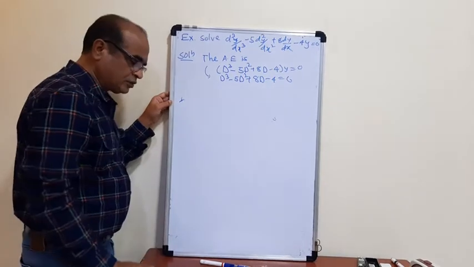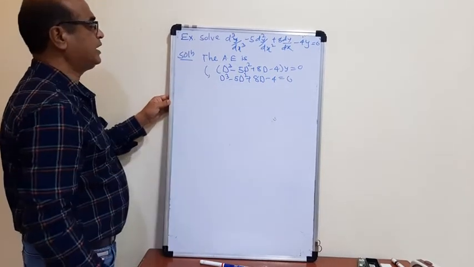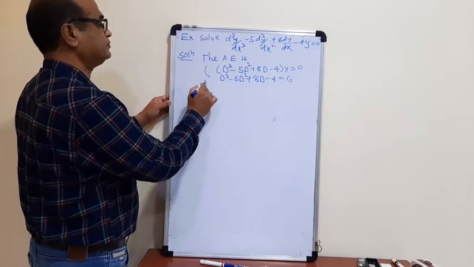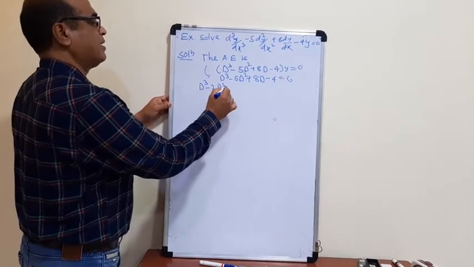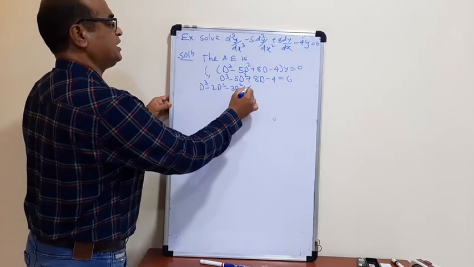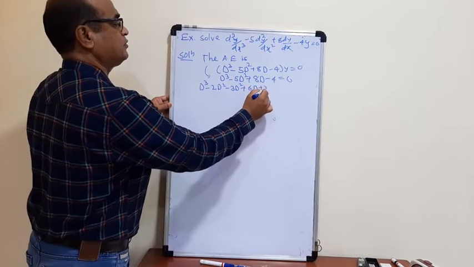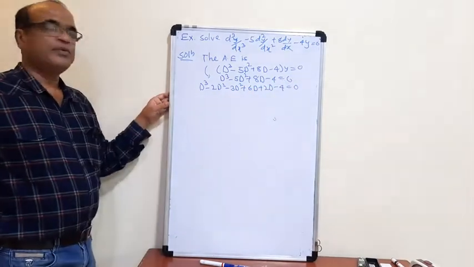Okay. So by using the operator d, we can write this equation in this form. So find the roots of this equation here. Very simple. Okay. So d cube minus 2d square, and this can be written as minus 3d square plus 6d plus 2d minus 4 is equal to 0.